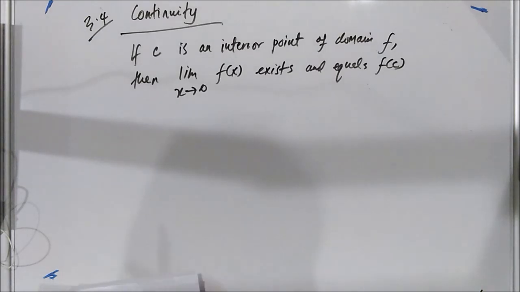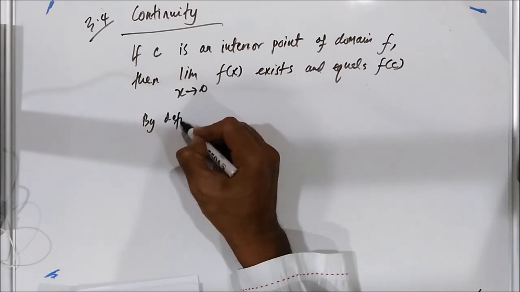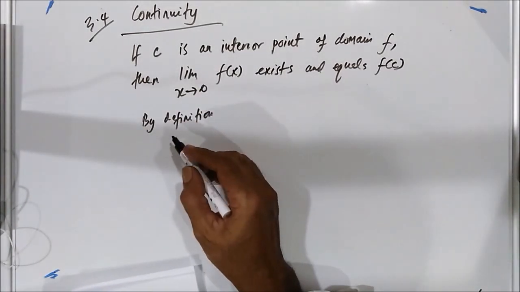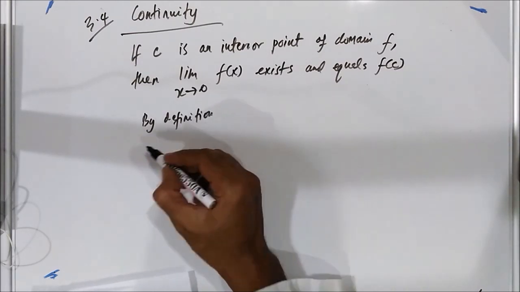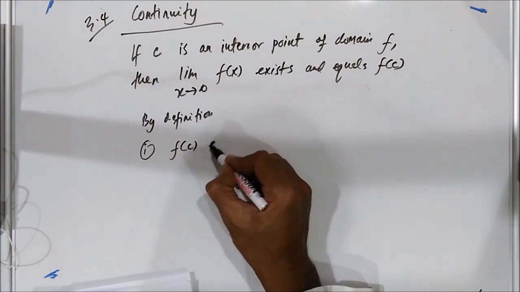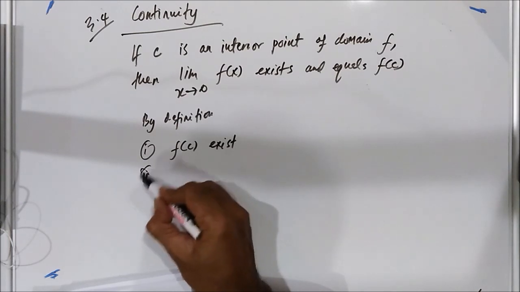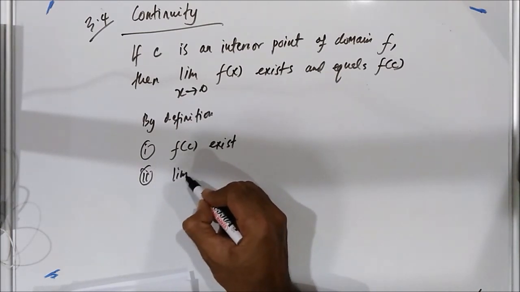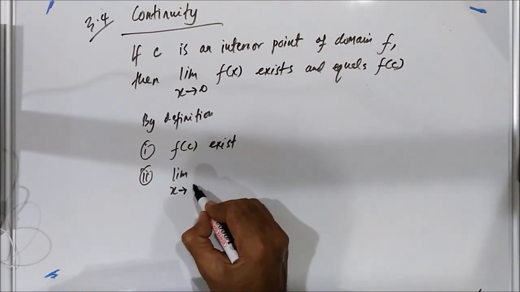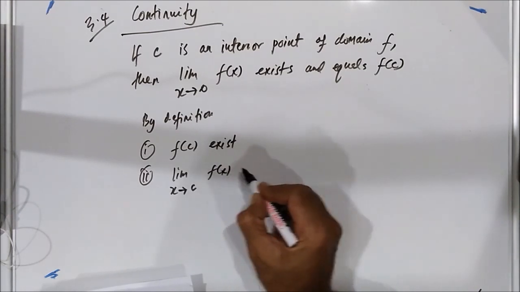Okay, by definition, it requires three things here. One, f(c) exists. Number 2, the limit as x approaches c of f(x) exists.